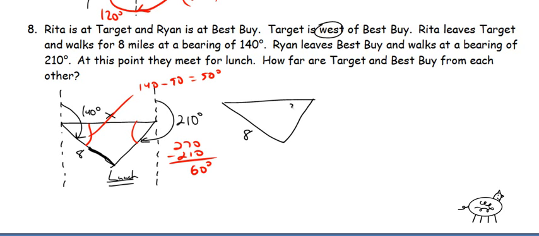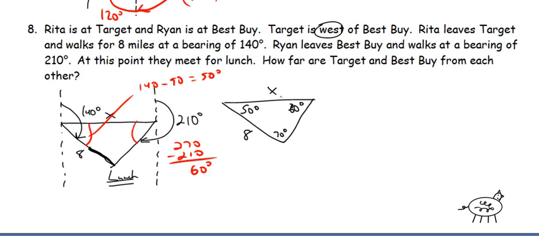So let's draw our triangle here. This is 8. This is 60 degrees here. This is 50 degrees. And then, of course, that's 110 degrees, and we got 70 left over. So that's here. And we're looking for the distance between Target and Best Buy.